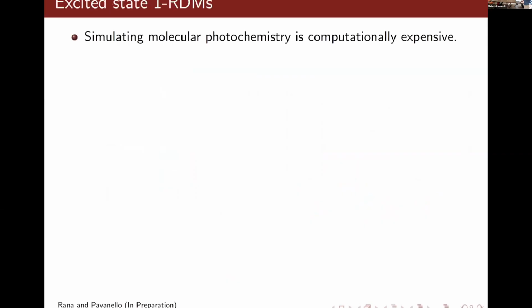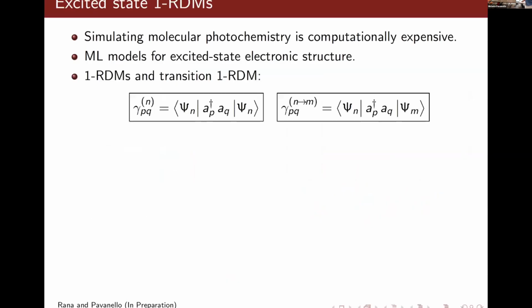Okay, so moving on to the excited state 1 RDMs. We wanted to explore the same idea, whether we can expand the scope of our machine learning model to excited states. We know that simulating photochemistry is very computationally expensive, because for photochemical applications you need more accurate and computationally expensive methods to represent the electronic states.